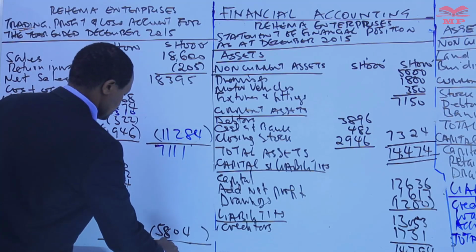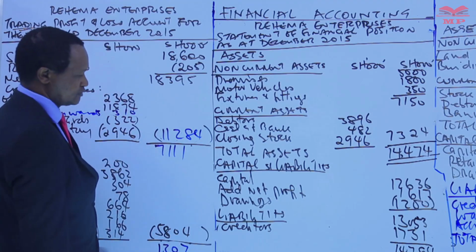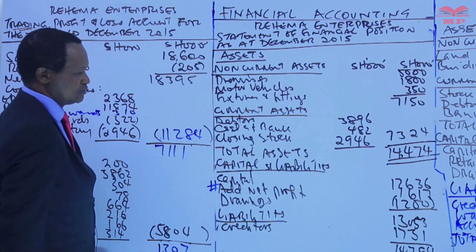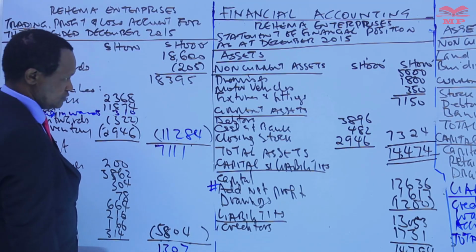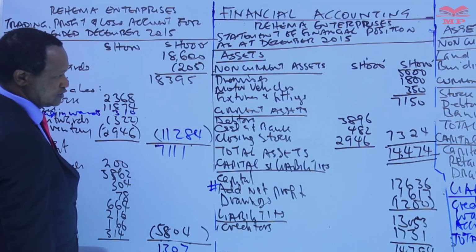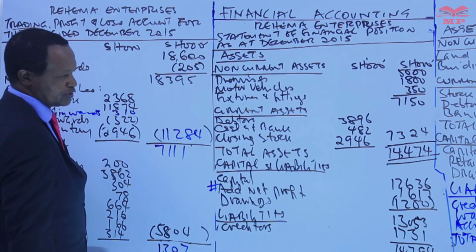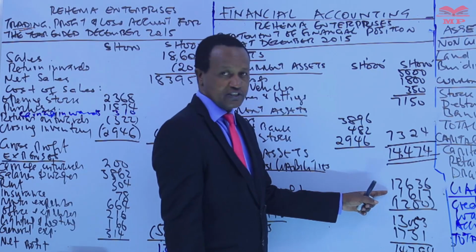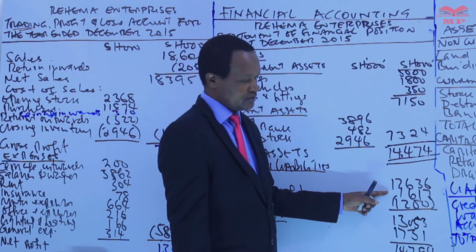If profit is 1307, this profit, $1307. Now deduct 1307. Let me confirm. Deduct 1307 from 1617. How much is it? Is it 310?